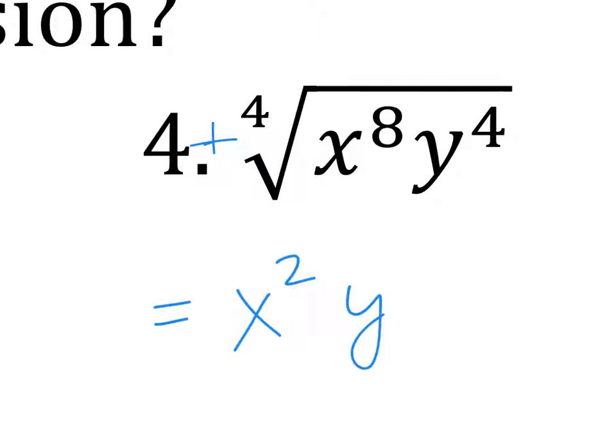No, y cannot be a negative number because we want just the positive outcome, right? So what can I do to make sure y is always positive? Yeah, I have to put absolute value around it. I want the answer that comes out to always be positive, but there is a chance that y could be negative, so then I gotta make sure that it's always positive.